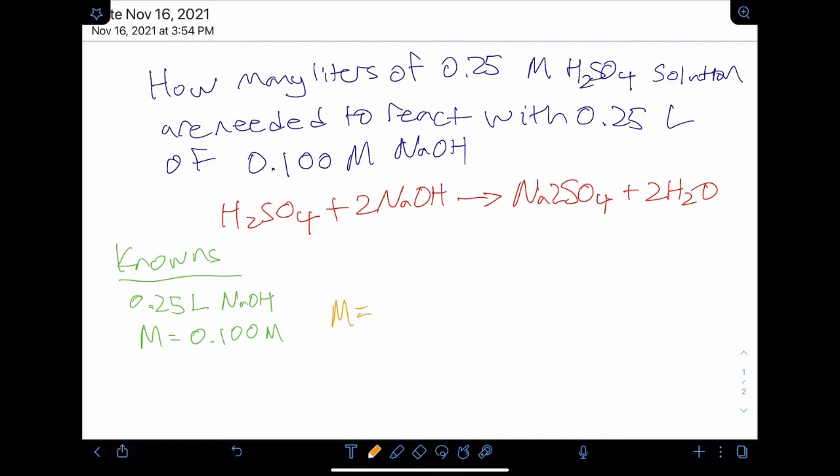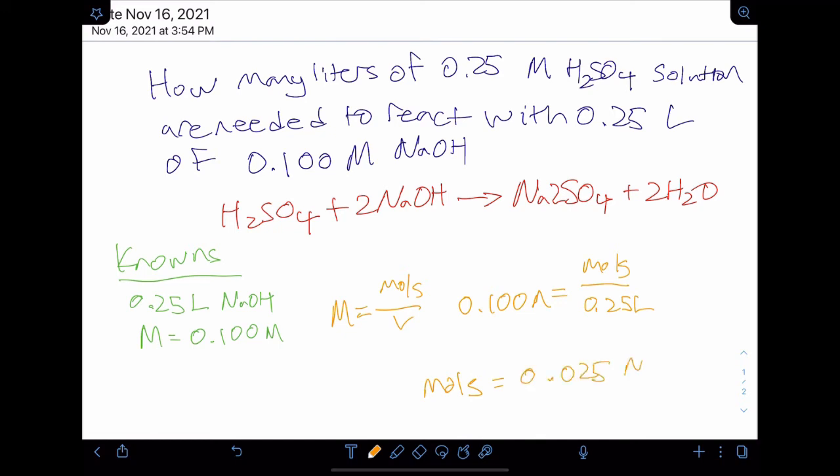Let's write that. Here we can start plugging in our values. The molarity is 0.1, and the volume is 0.25 liters of NaOH. Using basic algebra to solve for moles, we get 0.025 moles of NaOH.